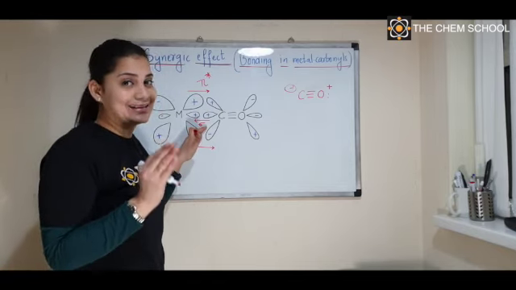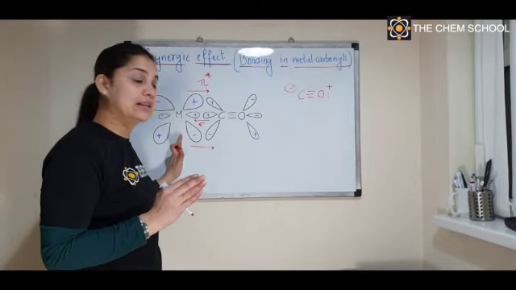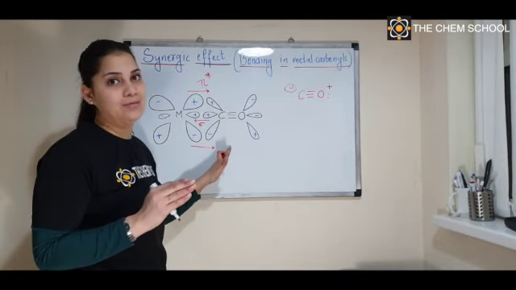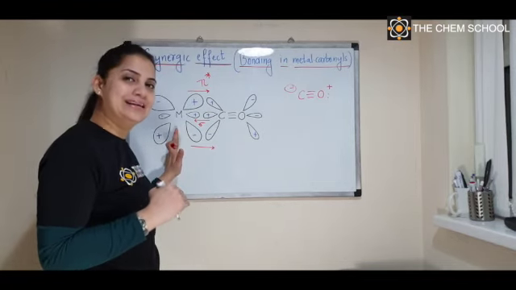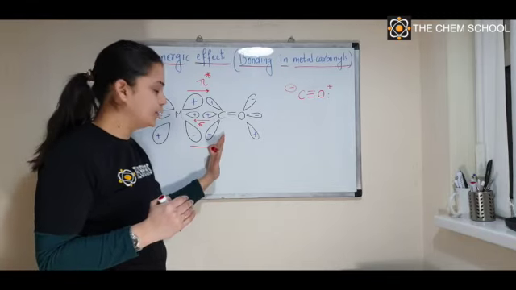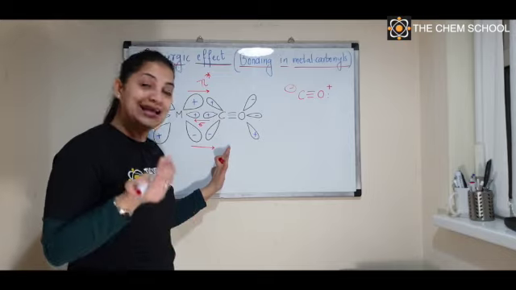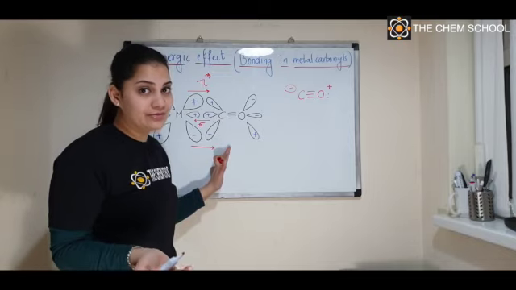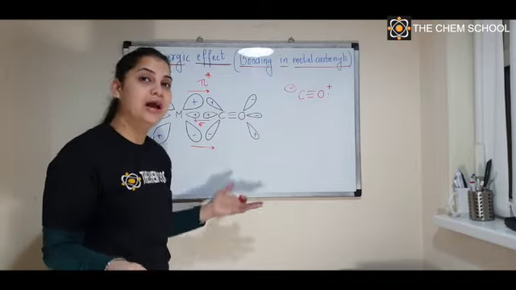The metal has excess electrons in its orbitals and the carbon has an empty anti-bonding orbital. That is the reason the metal is donating its electron back to the carbon's empty anti-bonding orbitals. This effect is called the synergic effect, and the bonding here is called synergic bonding.